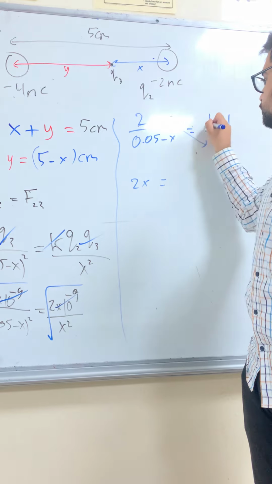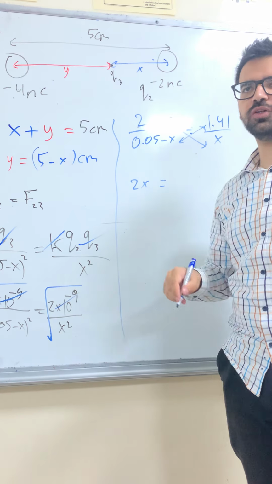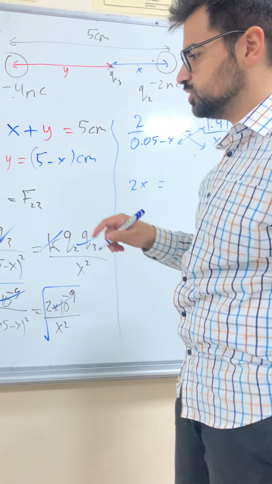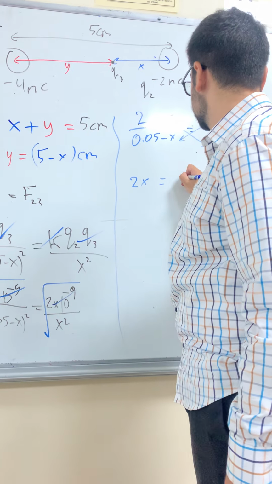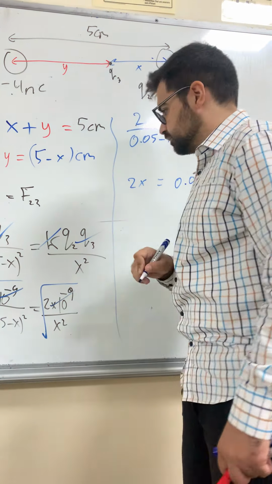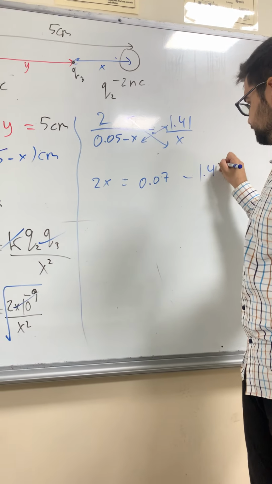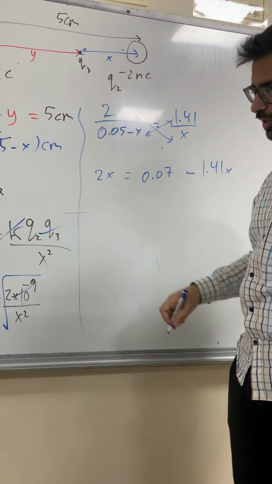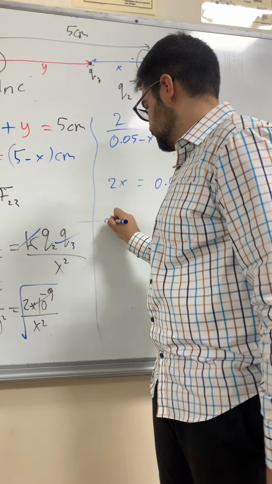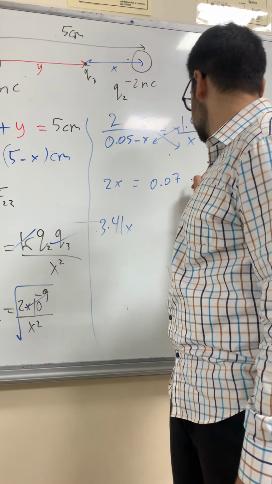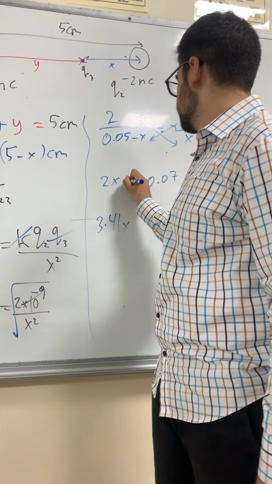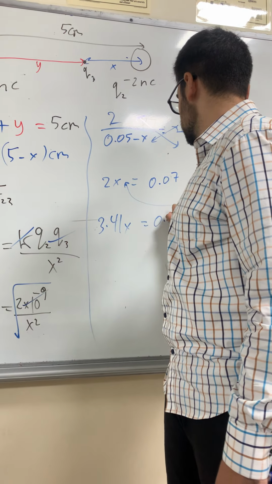2x is equal to 1.41 times 0.05, which is 0.07, minus 1.41x. Move this to the other side, so it would be 3.41x is equal to 0.07.